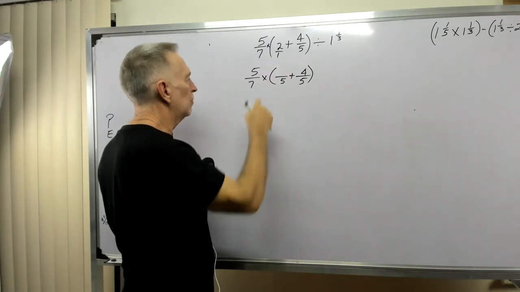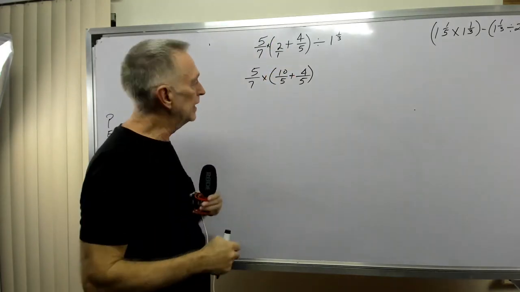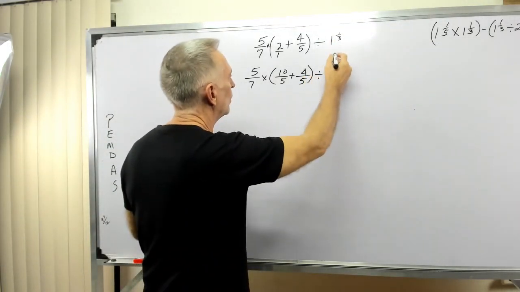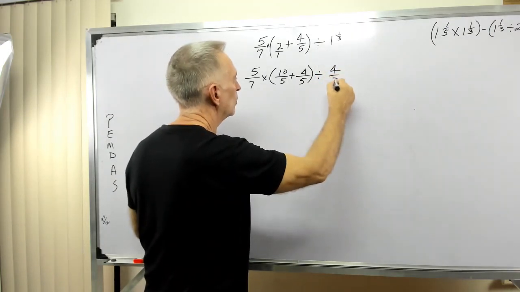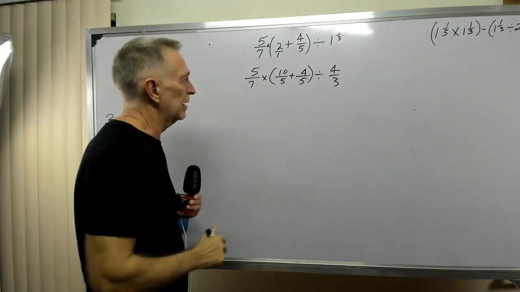5 divided by 1 is 5. 5 times 2 is 10. Okay? All that's divided by 1 1/3, which is 1 times 3 is 3, plus 1 is 4 over 3. I should have done that first to get that out of the way.